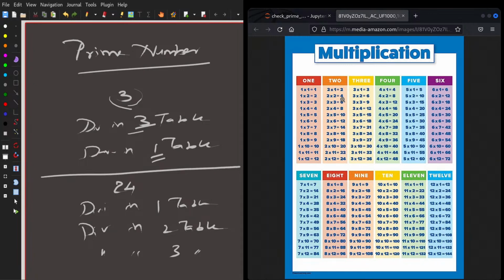So this is not a prime number. Whereas 3 is divisible only by its own table and the 1 table. In case of 4, it is divisible by itself, by 1, and also by 2. So 4 is not a prime number.